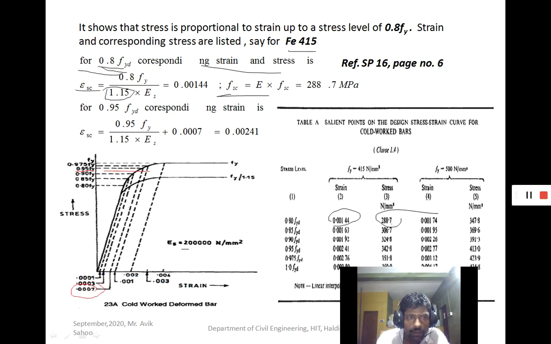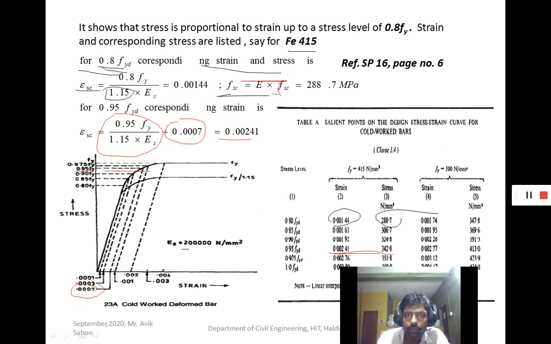So at this stage, at 0.95 yield stress, if I withdraw the load, then it leaves a 0.007 permanent strain. So this is the elastic strain, which is recoverable, and this is the permanent strain which is non-recoverable, and the total strain is 0.00241.